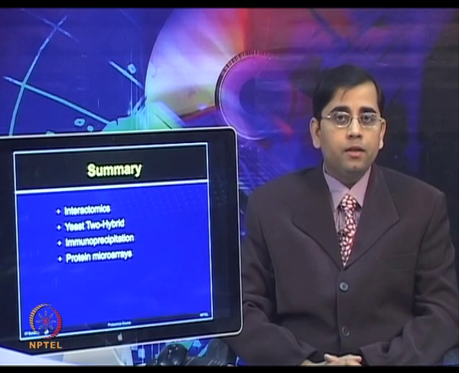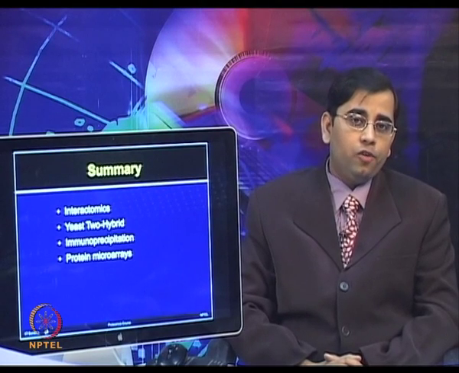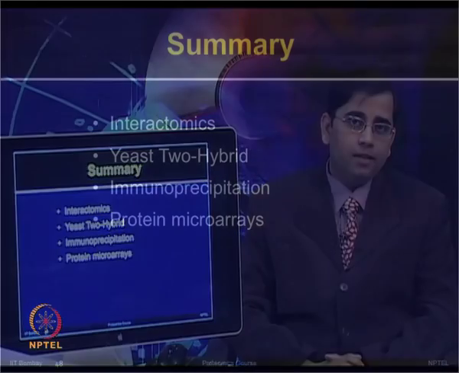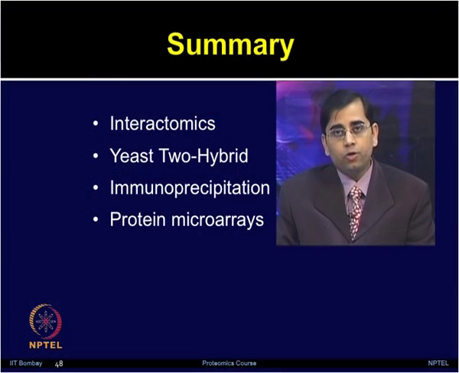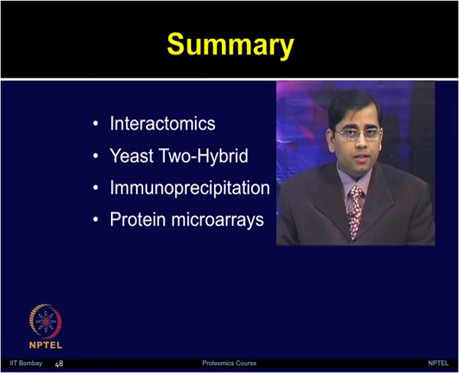So, in summary, today we discussed the significance of studying interactions in the field known as interactomics. We discussed different types of traditional methods which have been used for studying these protein interactions, such as yeast two-hybrid and immunoprecipitation.